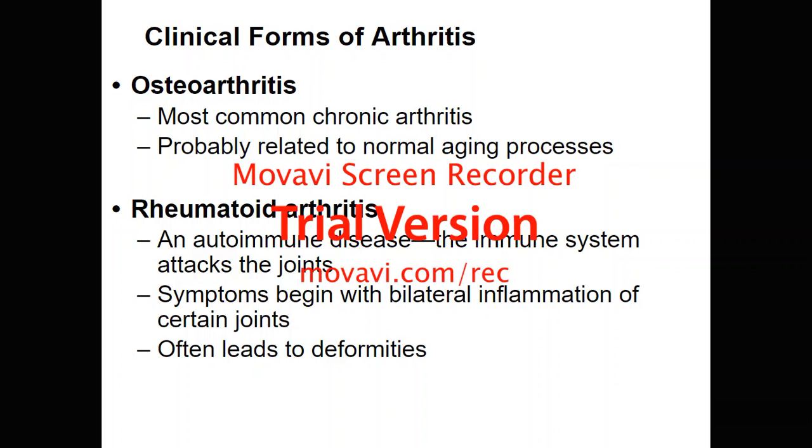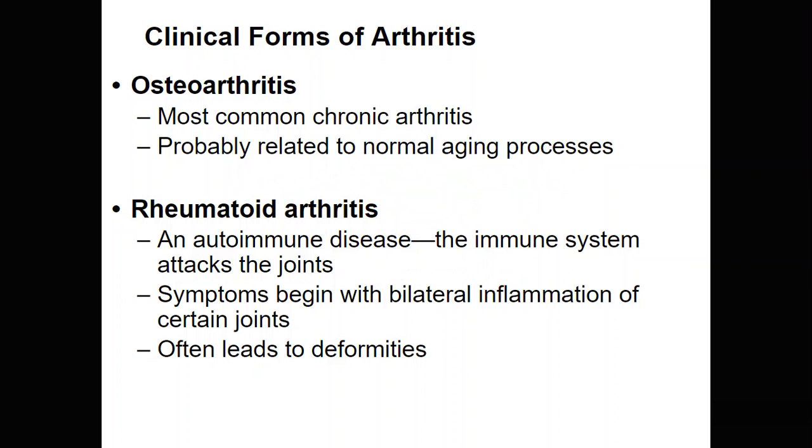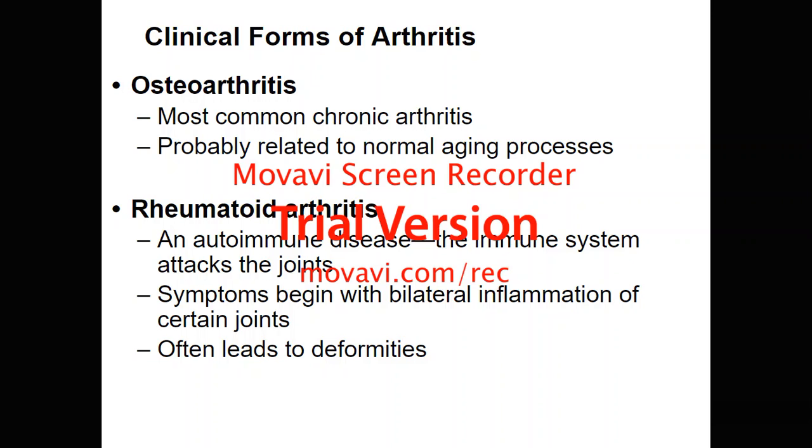So you can end up with osteoarthritis. Again, it's painful, but it's the most common type, and it deals with the articular cartilage of your joints. That's the ends of your bones that articulate with each other. They're covered with hyaline cartilage, and that hyaline cartilage wears away. Okay, and that's what causes osteoarthritis.